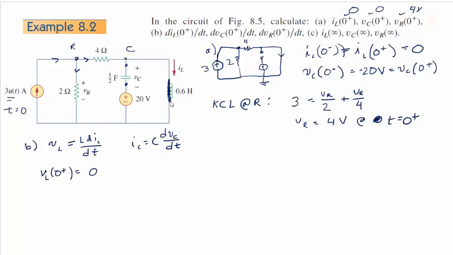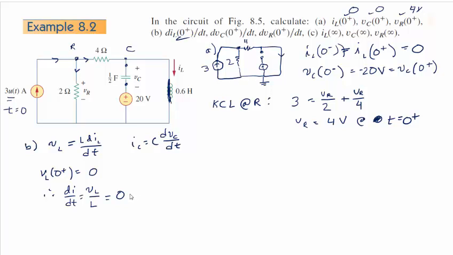If that's a short circuit at 0 plus, then there must not be any voltage right there, right? So if I plug that back into this equation, dI/dt equals the voltage in the inductor divided by L, which is 0 divided by L, which is 0. Okay, so that takes care of that.